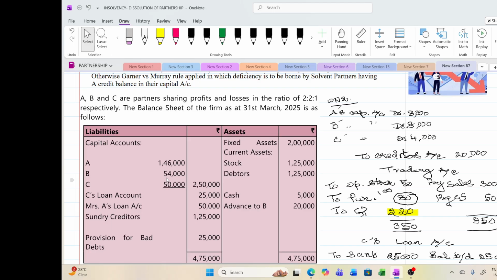Okay, in case of fluctuating capital method, up to the date of dissolution, very, very important, up to the date of dissolution, any interest on capital, any interest on drawing, salary, remuneration, commission, everything has to be adjusted. Then the capital has to be calculated. Hope it's very, very clear.